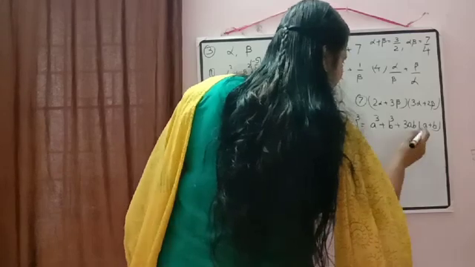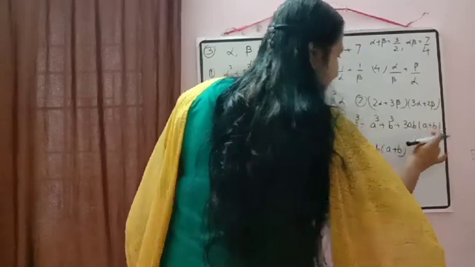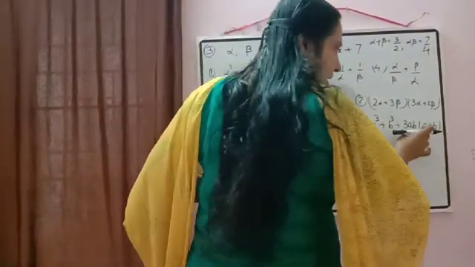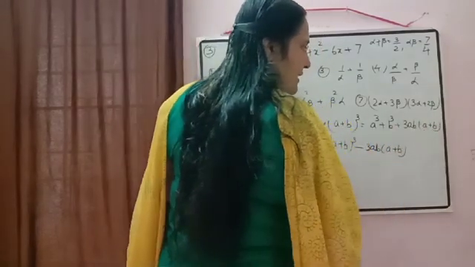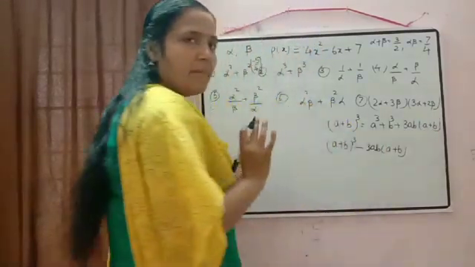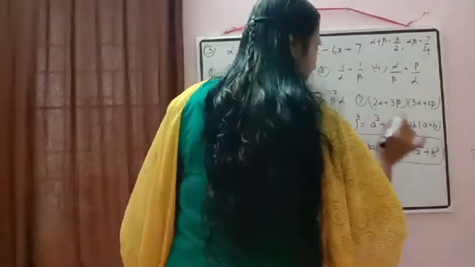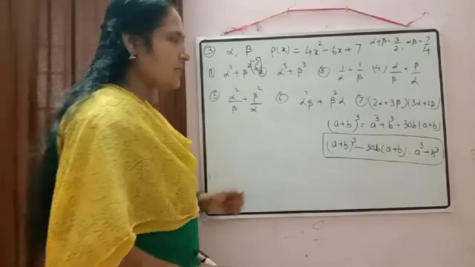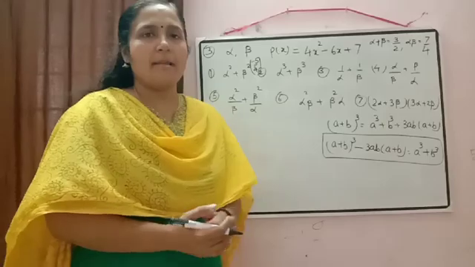Then what will come? A plus b the whole cube minus 3ab into a plus b. Don't write here negative, because at present this expression is in multiplication. That is a single term. And we shifted the term here. So positive expression will become negative. That much change only will come. That is equal to a cube plus b cube. So this one also you can learn as a formula there. A cube plus b cube is equal to a plus b the whole cube minus 3ab into a plus b.